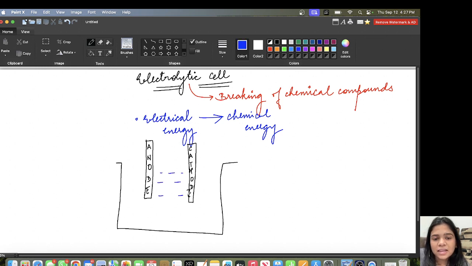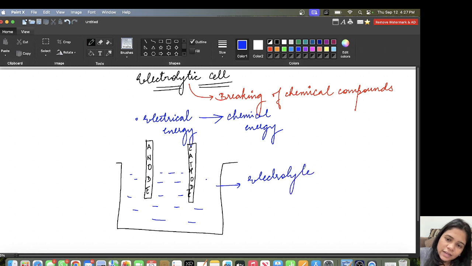Here you are having your electrolyte. This is your electrolytic tank which is filled with an electrolyte. This anode and cathode are connected by a battery.